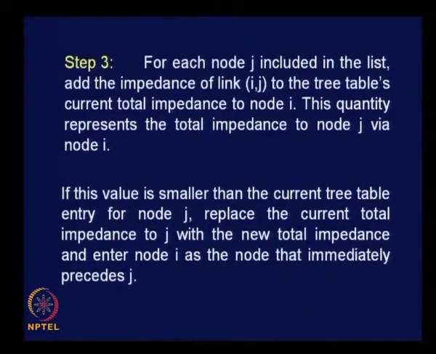If this latest calculated value is smaller than the already calculated tree table entry for node j, replace the current total, obviously because it is smaller, with the new total impedance and enter node I as the node that immediately precedes j. To proceed further, you just name that node as node I.